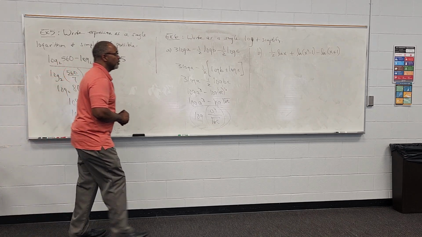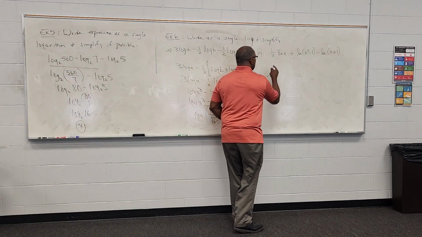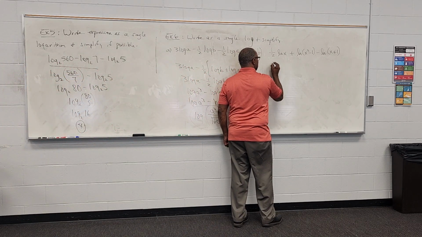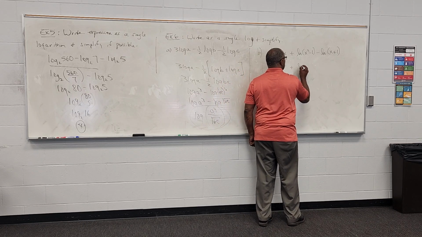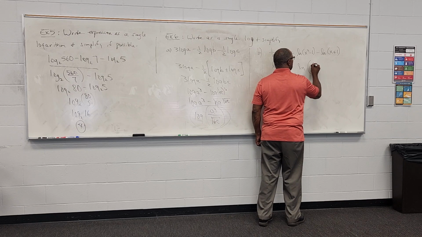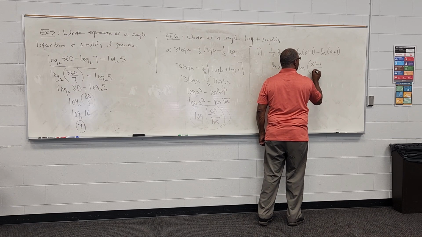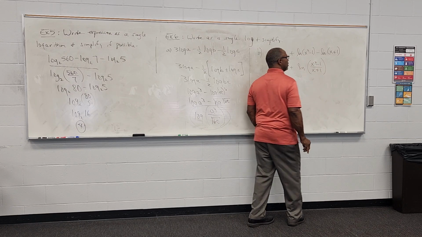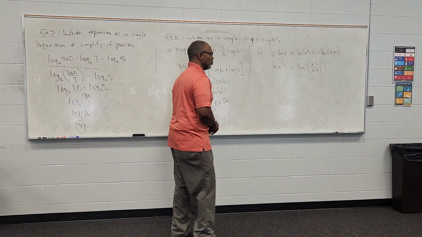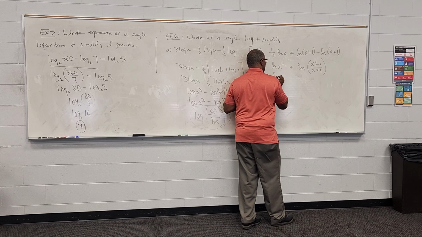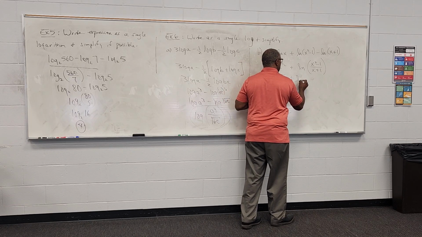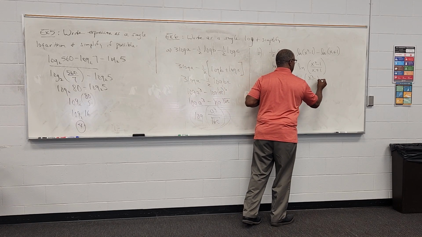All right? Well, again, the 1/2 becomes an exponent. Plus ln, this is subtraction, so I get x squared minus 1 over x plus 1, find the quotient rule, right? So ln of x becomes ln of the square root of x, ln of this stuff.